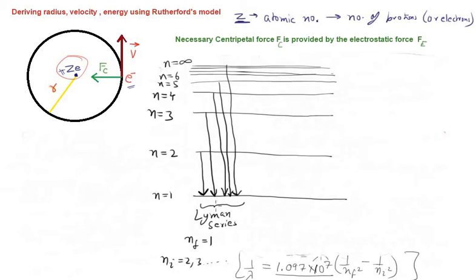So in this Lyman series, all the landings are taking place on n equal to 1. If all the landings are taking place on n equal to 2, so from 3 to 2, or from 4 to 2, or from 5 to 2, or from infinity to 2, this will form the Balmer series.